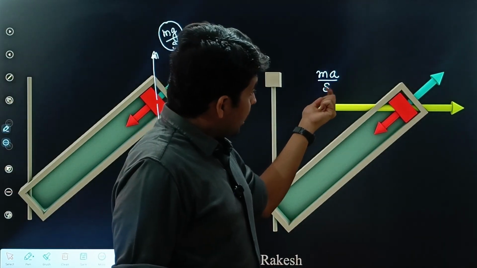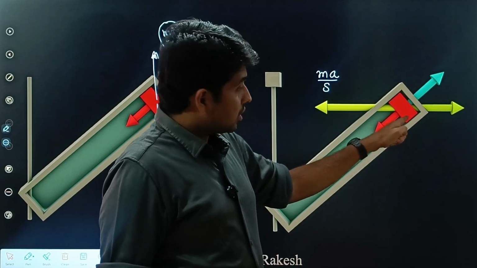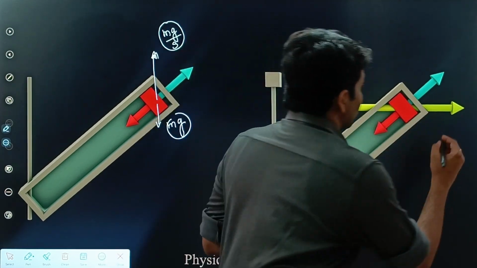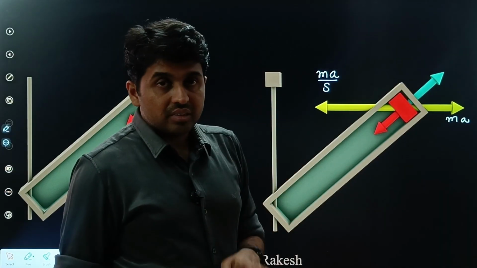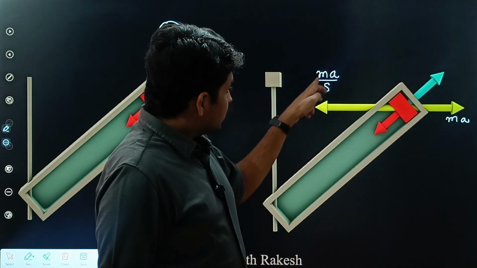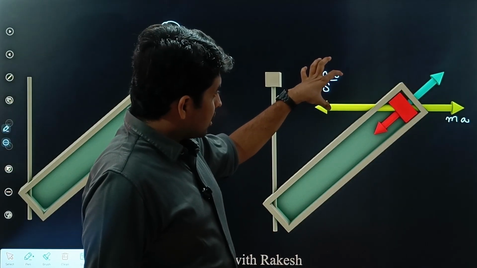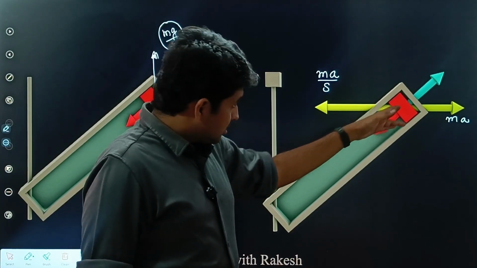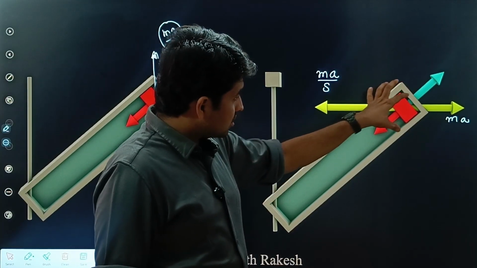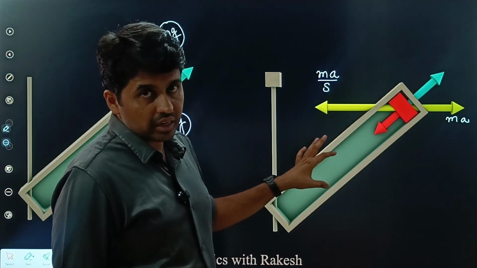And there will also be a pseudo force. The pseudo force will be m into a in this direction. We have already seen that s is very small, so this quantity is very large. So if you take a component of this here, there is an unbalanced force. That is why this starts coming in this direction.